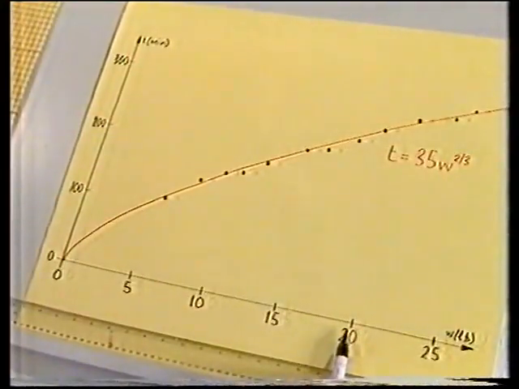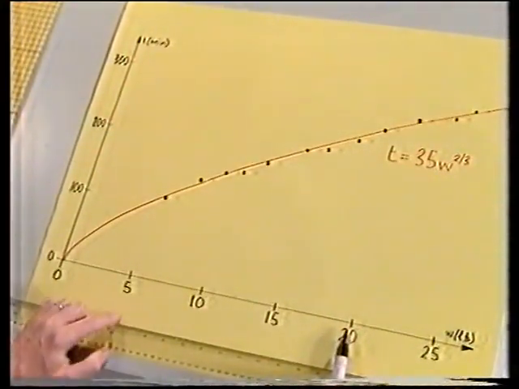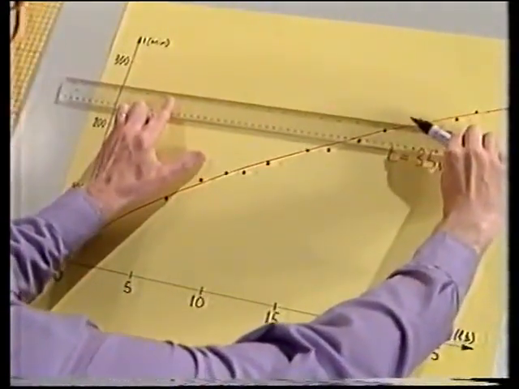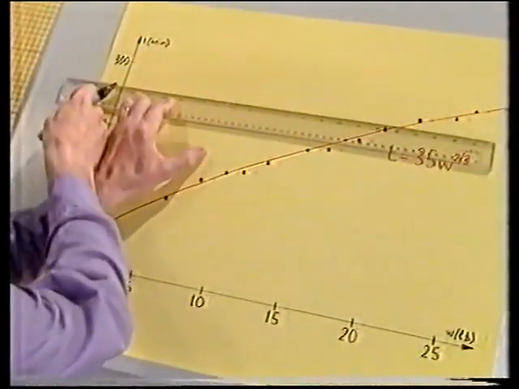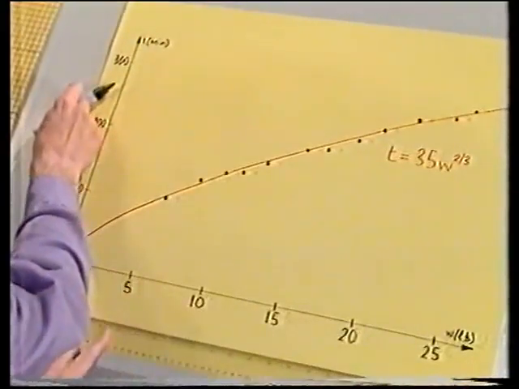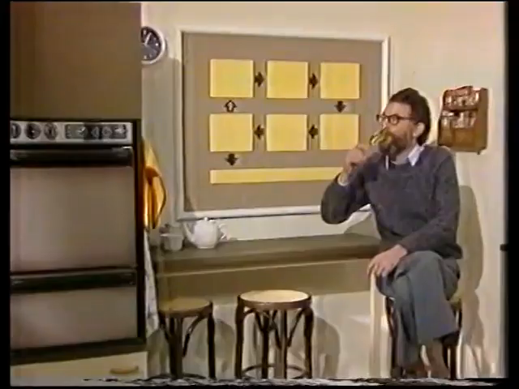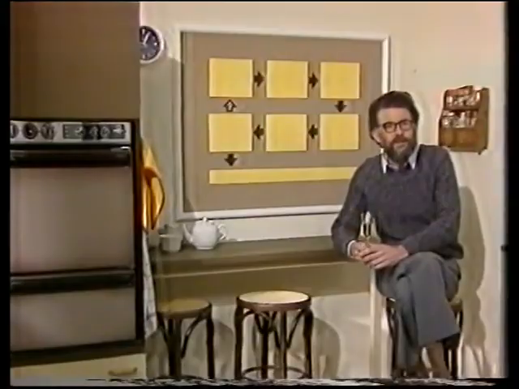I can read the time straight off this power law graph. It's about 260 minutes. So our model says that after 4 hours and 20 minutes, the turkey is safe to eat. Well, my turkey's been cooking for about 4¼ hours now, so there should just be time, before I look at it, to summarize what we've been doing in the program.